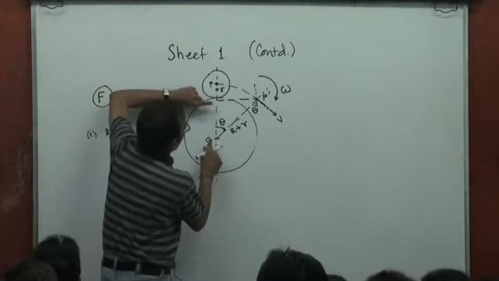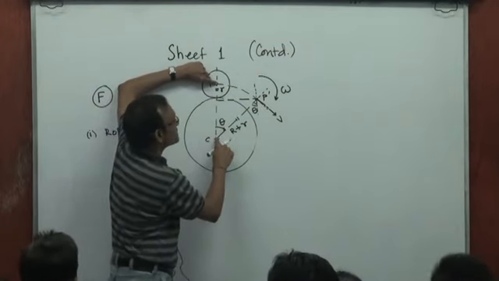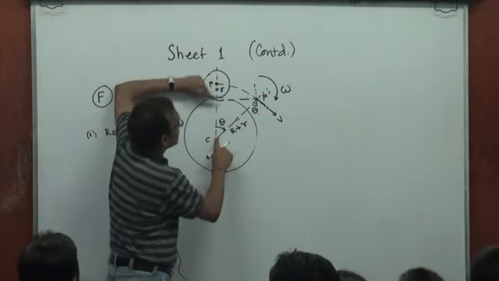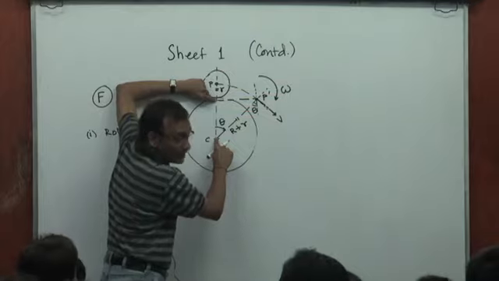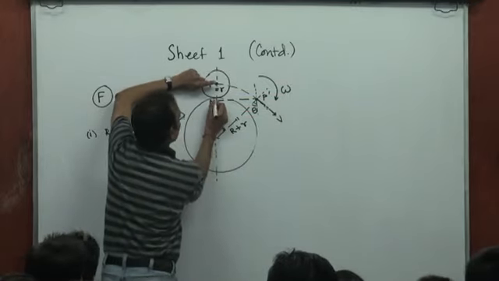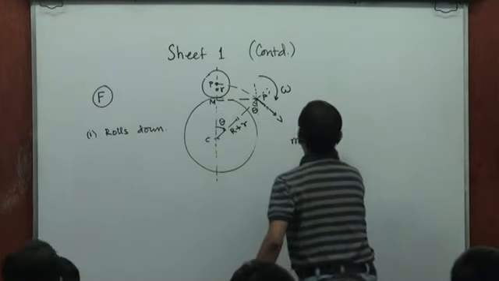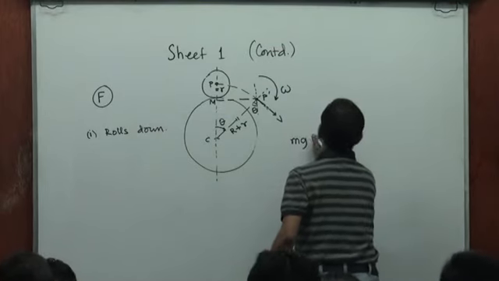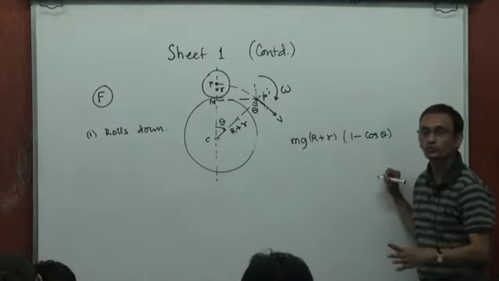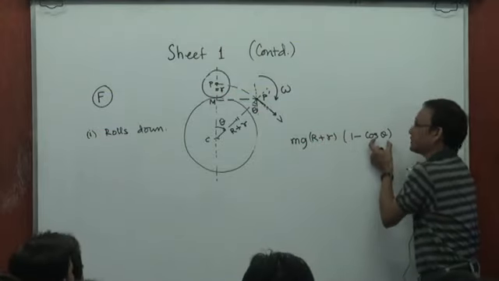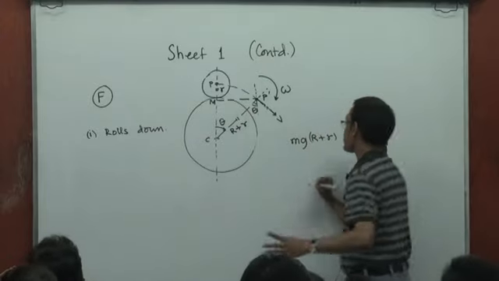Now, the loss of elevation is this. The total length is R plus small r, and this is R plus small r cos theta, right? So the loss of elevation PM will lead to a loss of potential energy mg(R plus small r)(1 minus cos theta). Yes or no? R plus small r minus (R plus small r) cos theta is PM. Do you all understand this?